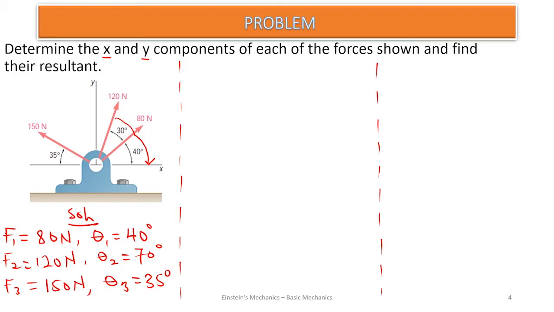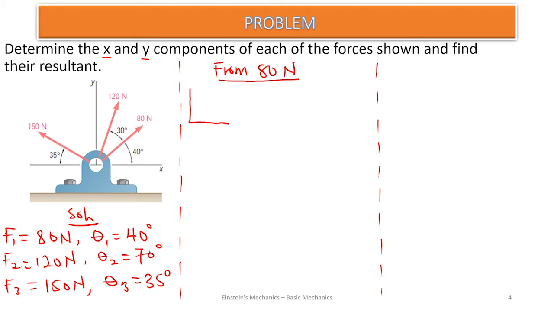So first, let's consider the 80 Newton force, the first force. How do we resolve this into its components? Remember, if we are to resolve this into its components, we are going to have this 80 Newton force written in this form.